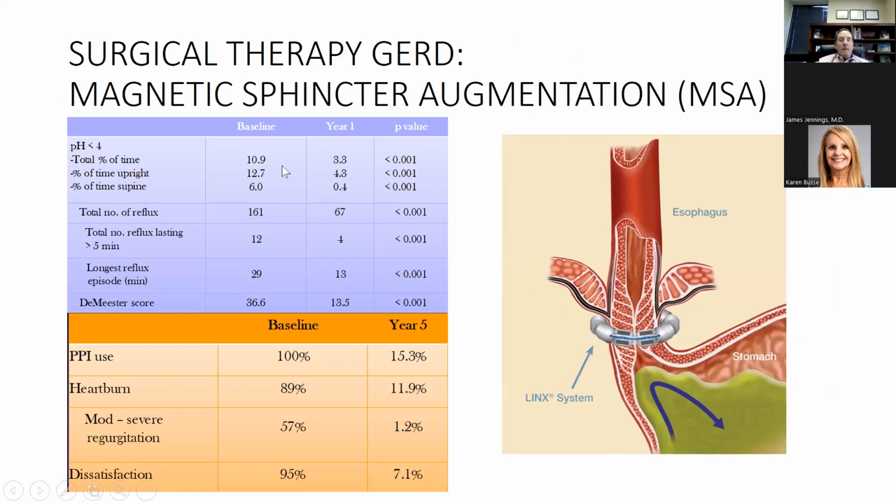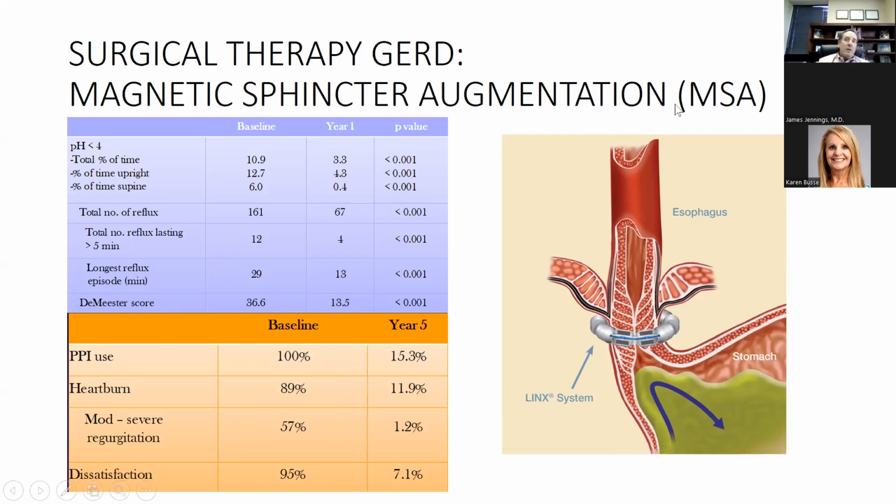This is done laparoscopically, and the purple slide, this is what you would see on a typical pH study report, as far as the percentage of time, total number of reflux episodes, etc. And from a pH report, we get the DeMeester score. A group of patients had high DeMeester score. The normal is 14.5, and a year after magnetic sphincter, it normalized.